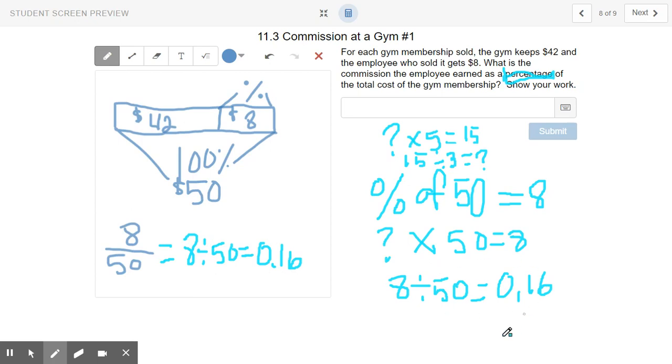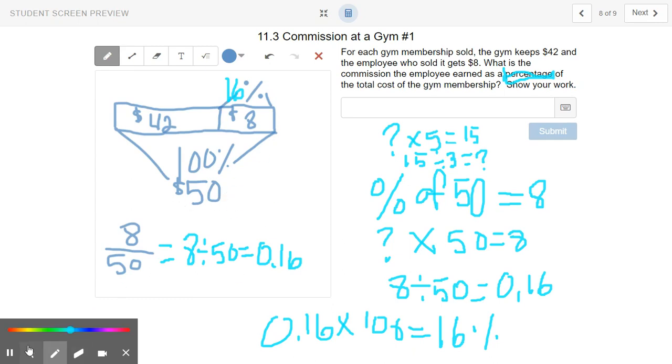And hopefully you remember, to do that, you would take the decimal and multiply it by 100. So we would do 16 hundredths times 100, and we actually get 16. So this $8 is actually 16% of the total cost, which was $50.